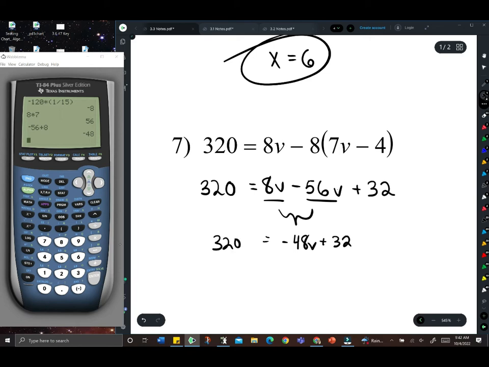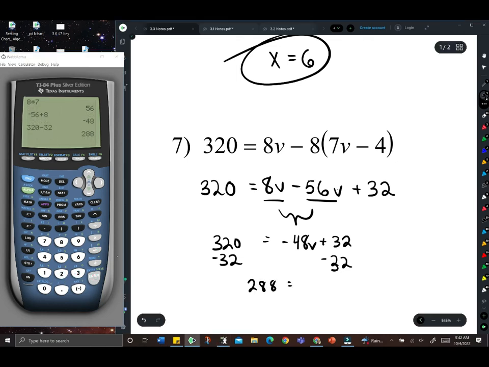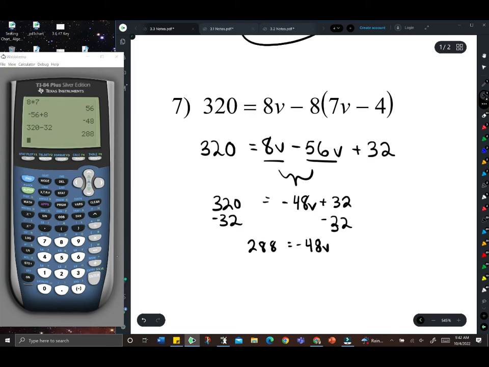One thing to note, try not to forget variables as you're solving. And multiply by the inverse.